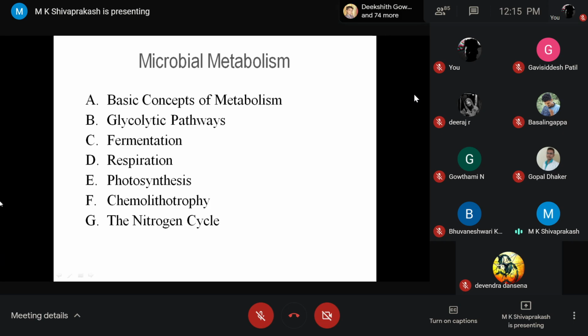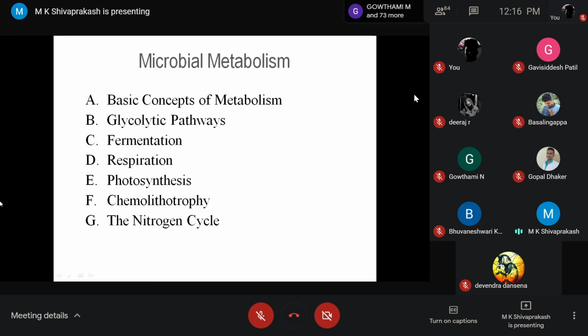Most of these reactions are oxidoreductive reactions, and the ones which are the source of the electrons have to be in a highly reduced state. The molecules which are in a reduced state act as donors. The molecules which are in an oxidized state act as acceptors.